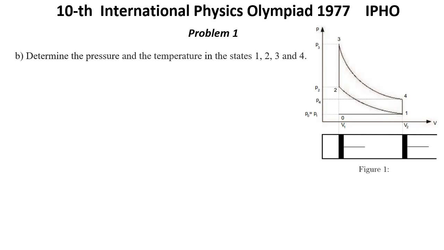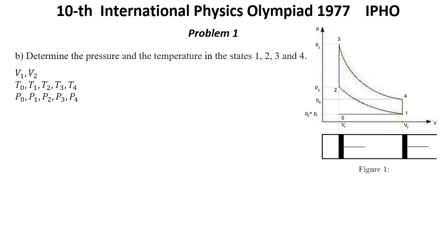Let us denote the initial volume of the cylinder before induction at the point 0 by V1 and after induction at the point 1 by V2, and the temperatures at the particular points by T0, T1, T2, T3, and T4, and the pressures are P0 equal P1, P2, P3, and P4. The equations for particular processes are as follows. Process 0-1.